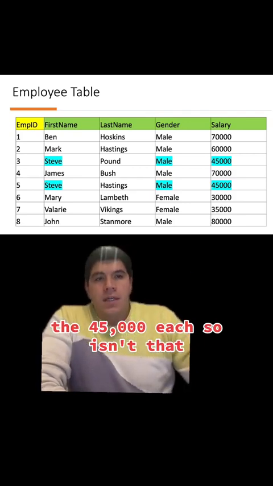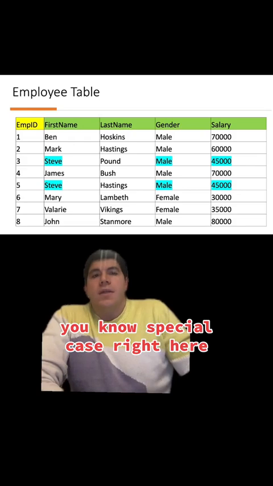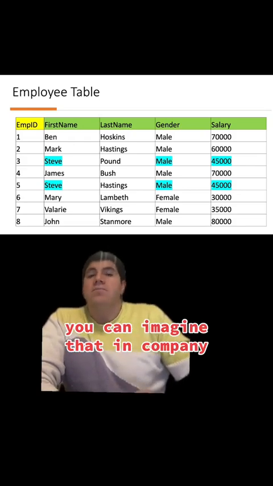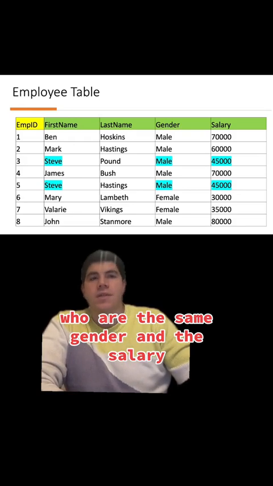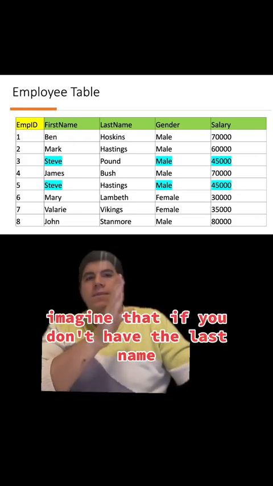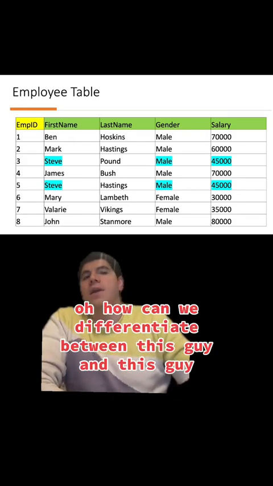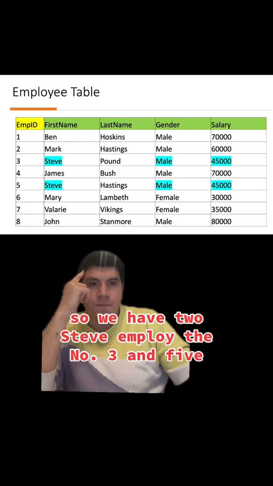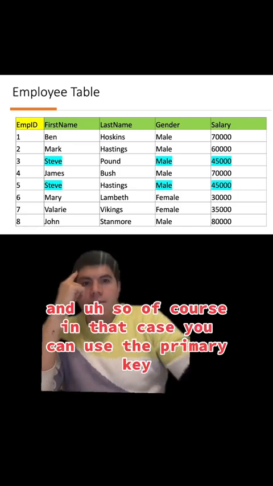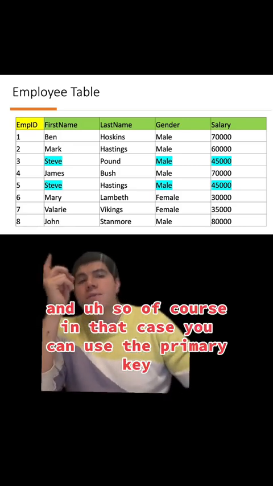Isn't that a special case right here? You can imagine that in a company you have 2 employees with the same first name, the same gender, and the same salary. Imagine that if you don't have the last name, how can we differentiate between this guy and this guy? So we have 2 Steves, employee numbers 3 and 5, and of course in that case you can use the primary key.